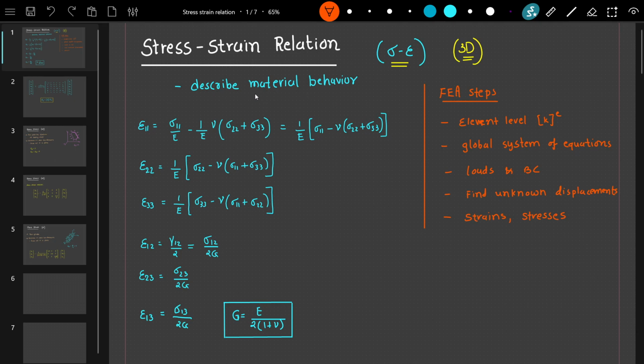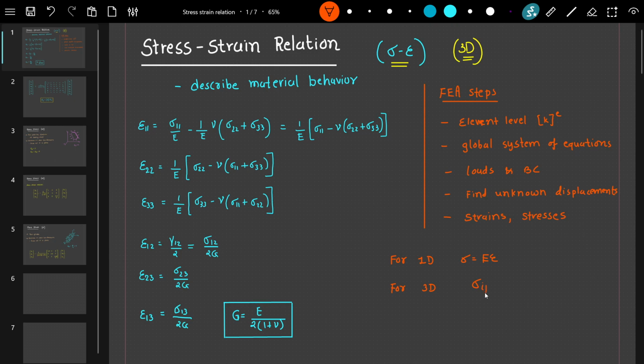The stress strain relation, sigma epsilon, describes a material behavior. It is a material property. For the 1D case we know the stress strain relation: sigma is equal to E epsilon. And for 3D, can we write something like this?